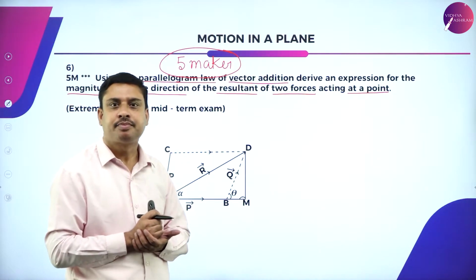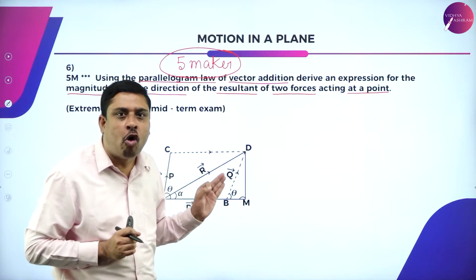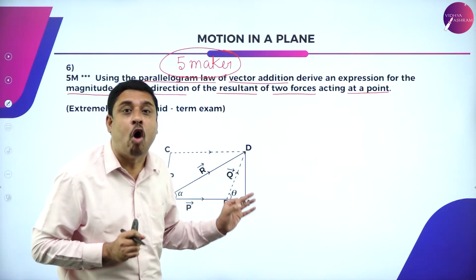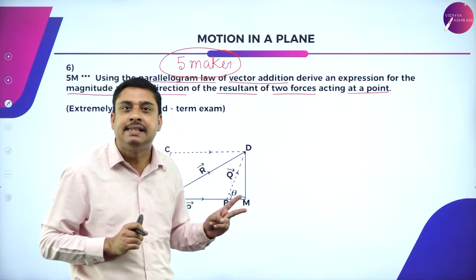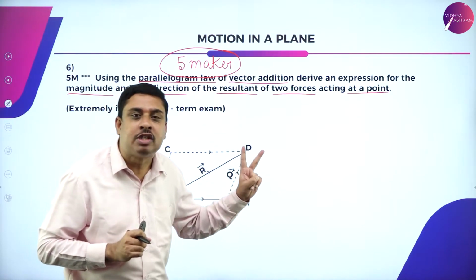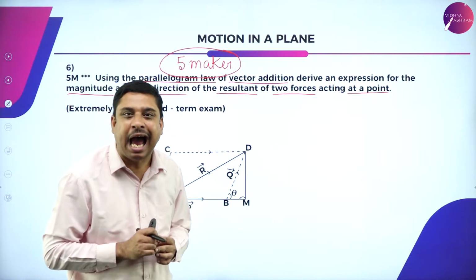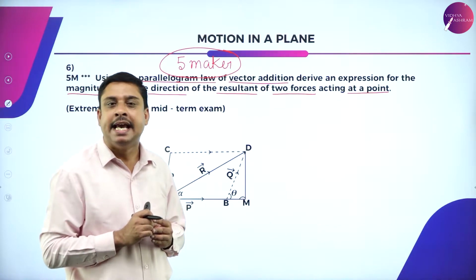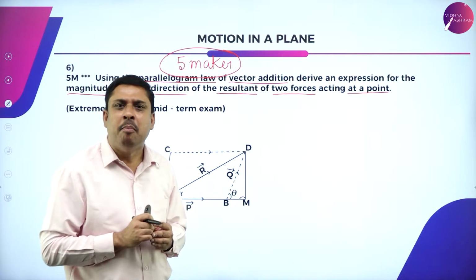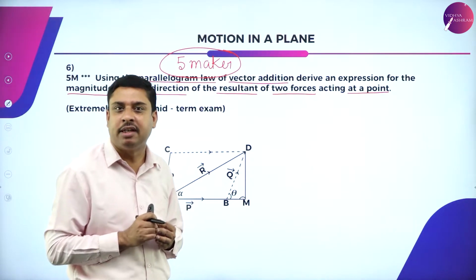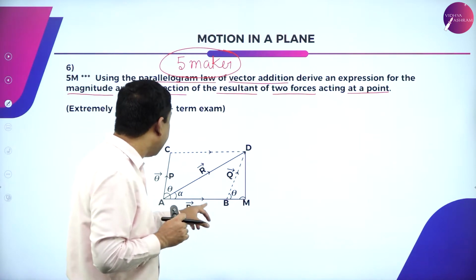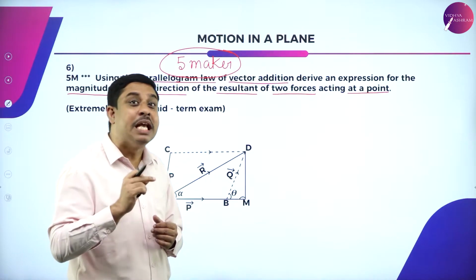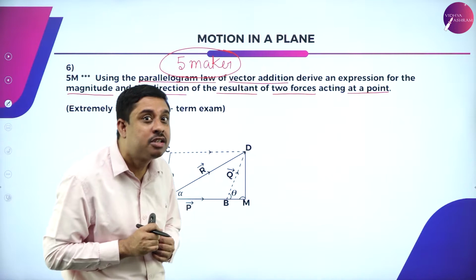We told, if two forces acting at a common point are represented both in magnitude and direction by the adjacent sides of a parallelogram, then the resultant is represented by what?